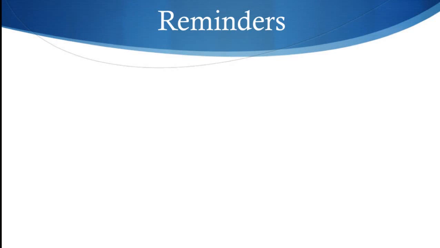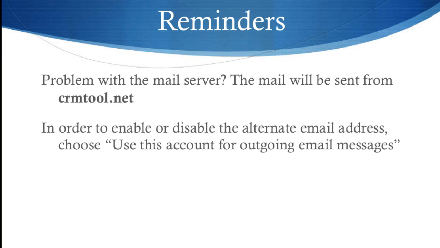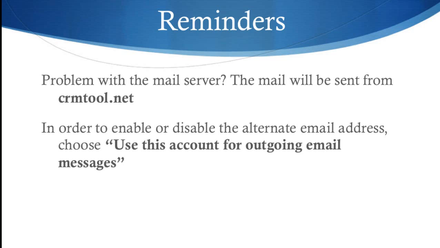Just to wrap up, here are some reminders for your alternate email server settings. If you have any problems with your email, whether it's configured wrong or your mail server is busy, the mail will be sent not from your email address, but from crmtool.net. Next, in order to enable or disable the alternate email address, remember to click the box, Use this account for outgoing email messages.